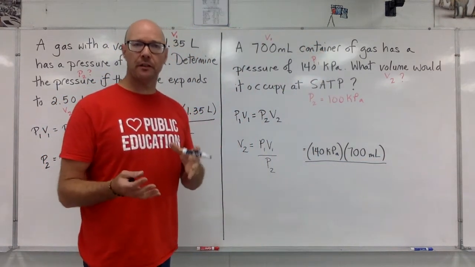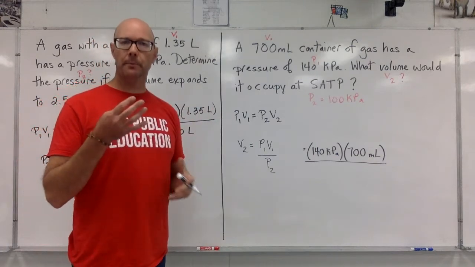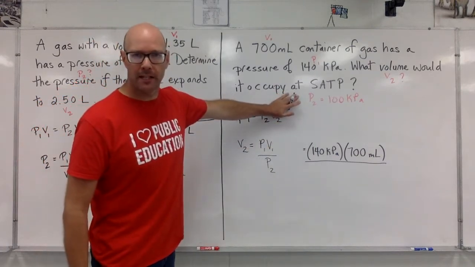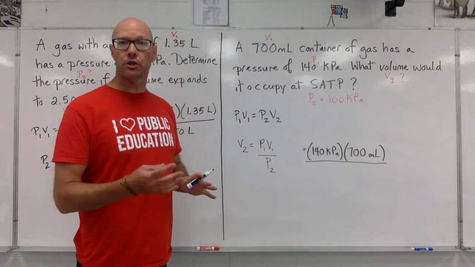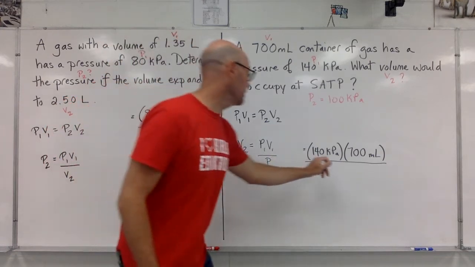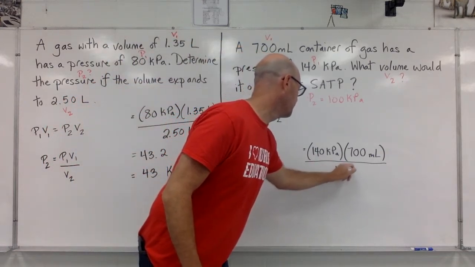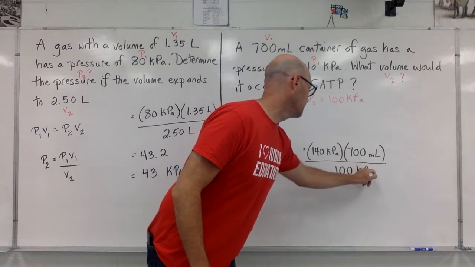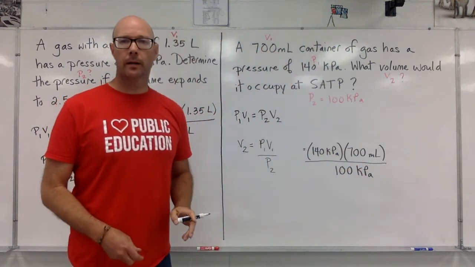It wasn't specifically told to me in the question. I had to do a little bit of extra thinking and interpreting this SATP. The pressure is 100 kilopascals. Okay. It's all set up.